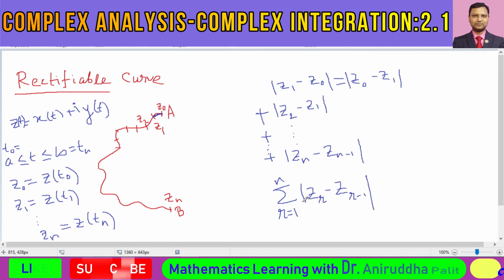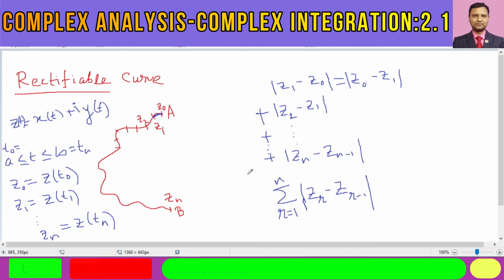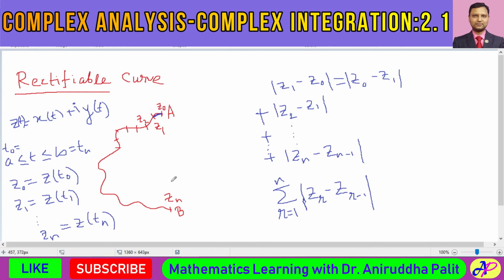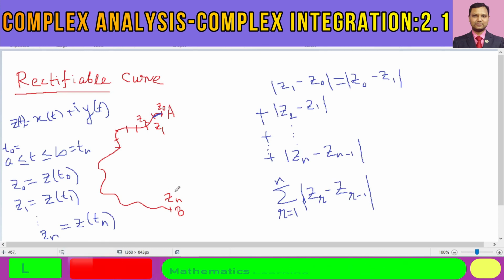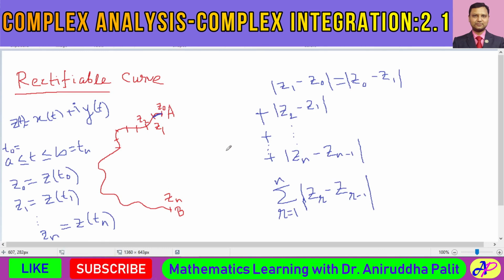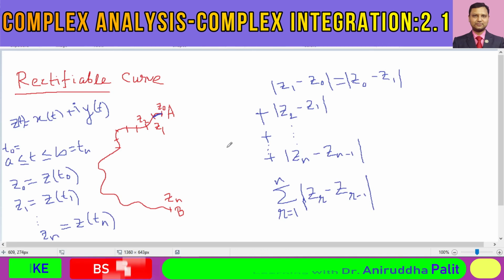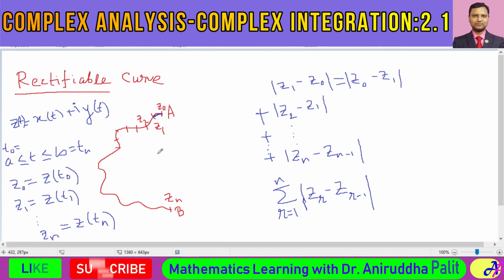This would be an approximate length of this curve. And if we keep increasing this value n, that means if we keep increasing the number of points in between A and B, we will get more and more accurate length of the entire curve.